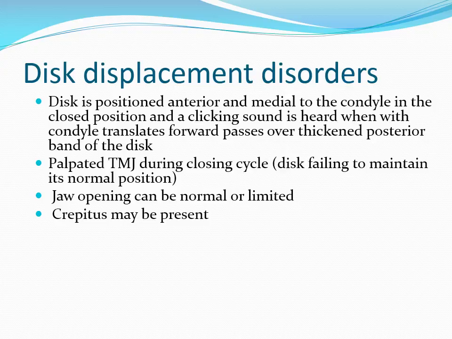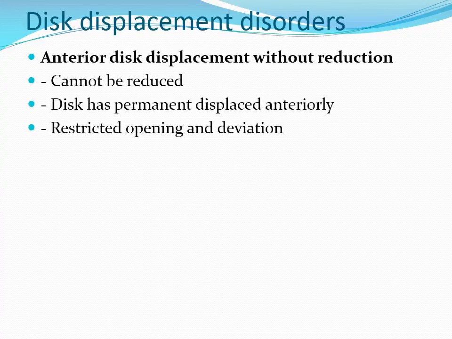The closing or opening may be normal, but crepitus may be present. Anterior disc displacement without reduction cannot be reduced. That's what it means: the disc is permanently displaced anteriorly, with restricted opening.